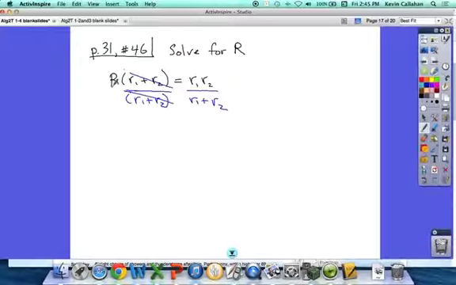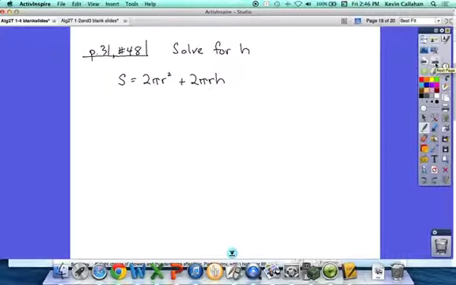Okay. One more example. We ready? I think everybody's getting tired. Solve for H. Okay, where do you see the H? What does this look like? That looks like what kind of a formula from geometry days?